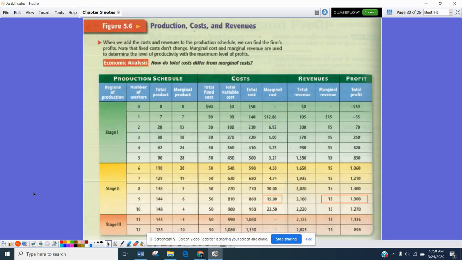So one of the things that we previously talked about was this production cost and revenue analysis that you see here. This whole idea that as far as being productive, you can hire a certain number of people up to a certain extent.